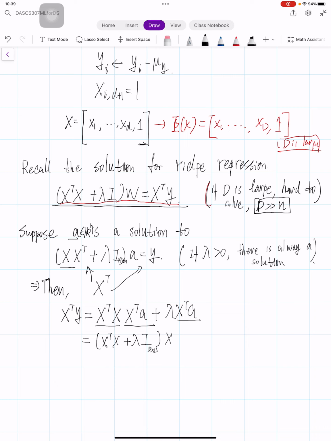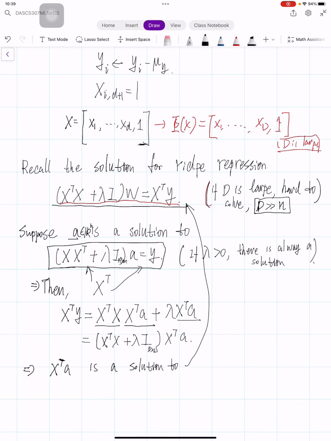This implies X transpose A is a solution. If A is a solution to this equation, then X transpose A is a solution to the original problem.